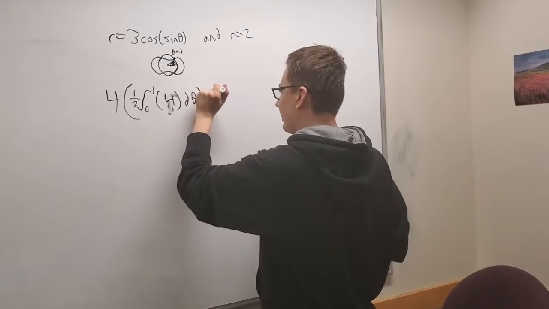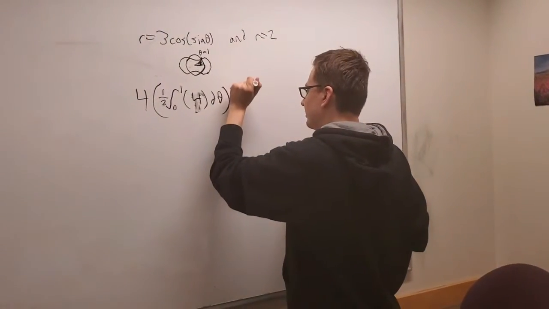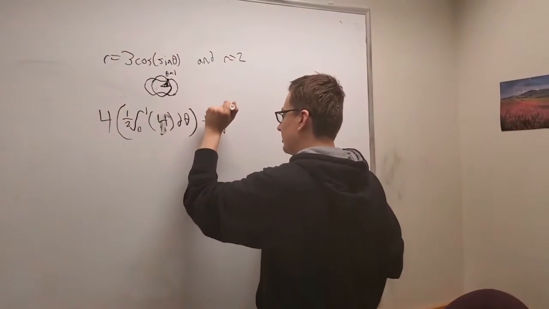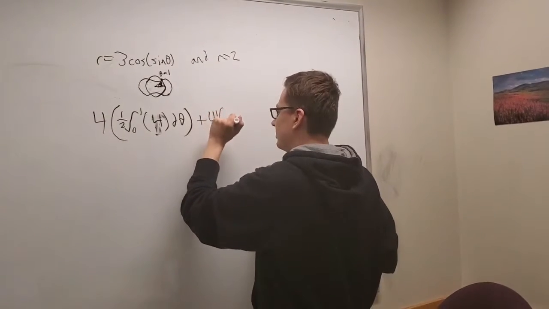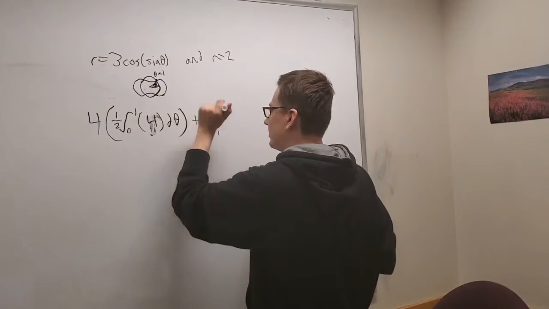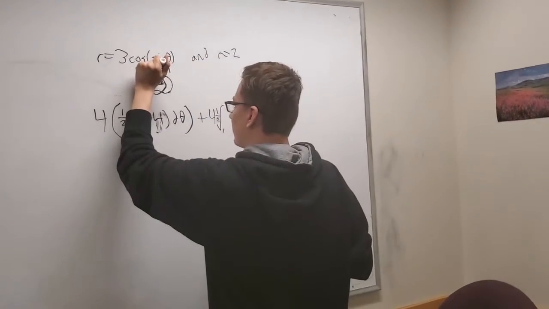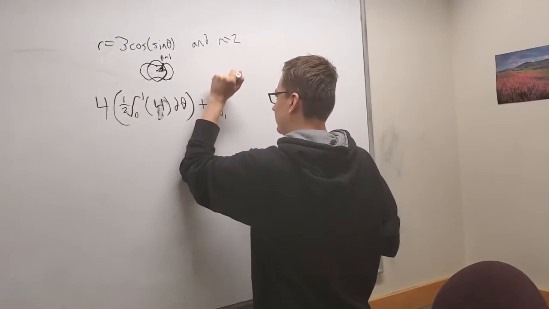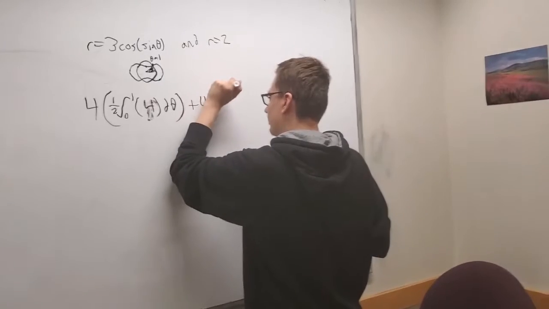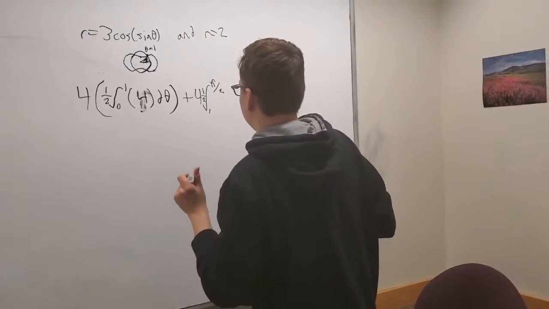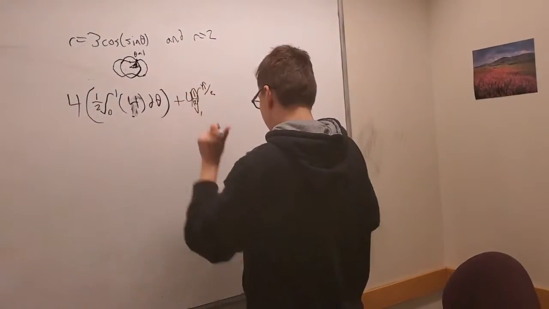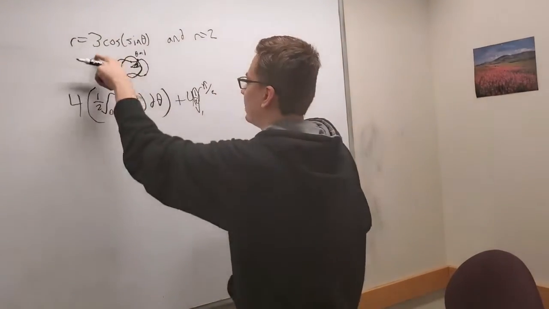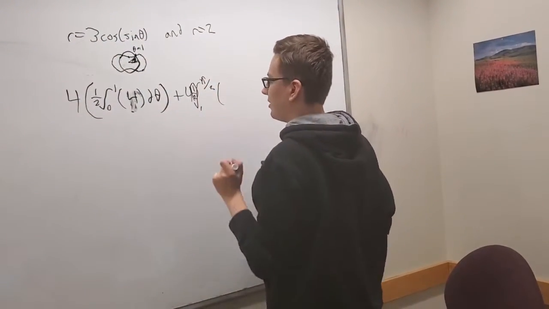And then you add another integral, and you would start from 1 to pi over 2. So you write it like this, and you write this equation inside and square it.